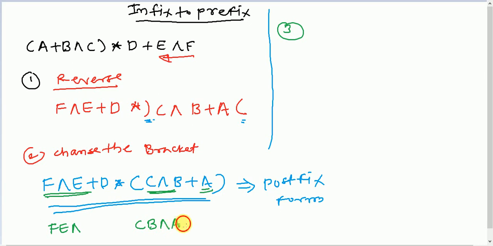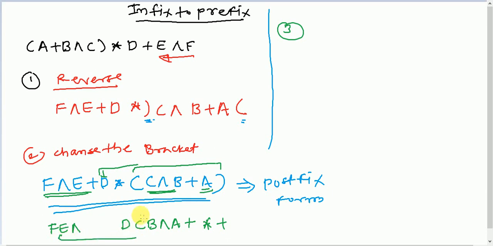So that will be a plus. Okay. Then this whole bracket is getting multiplied with d. So d is on the left, this whole answer is here, and this is getting multiplied with d. And then the result of the whole thing is getting added with f raised to e.